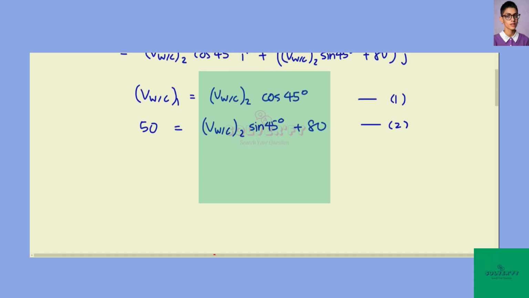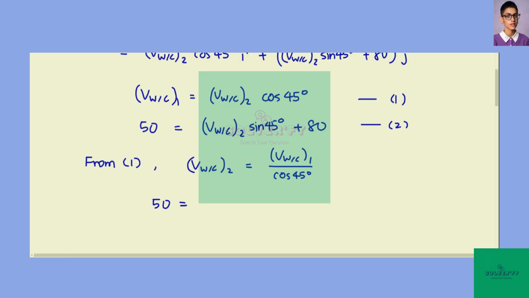So we can choose to find, from 1, we are going to replace VW/C2. This is equal to VW/C1 divided by cosine 45 degrees, and we'll sub this into 2.